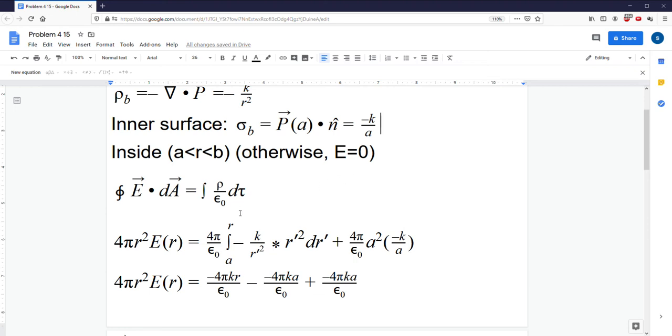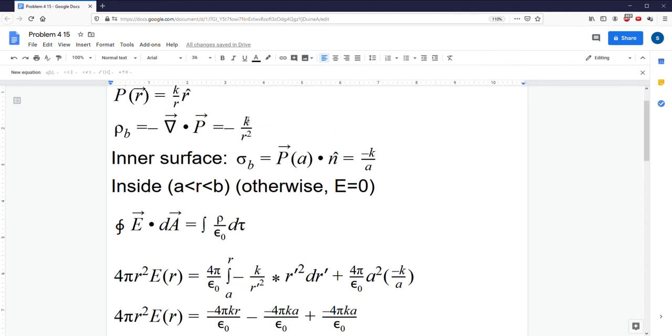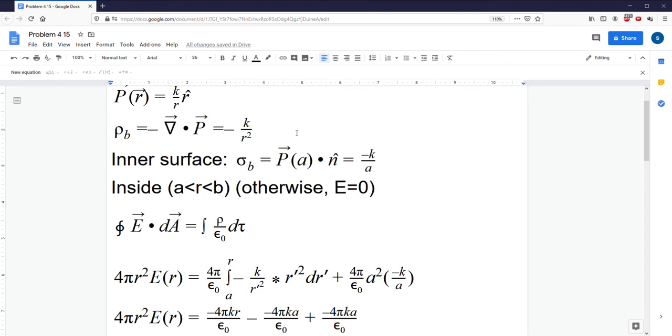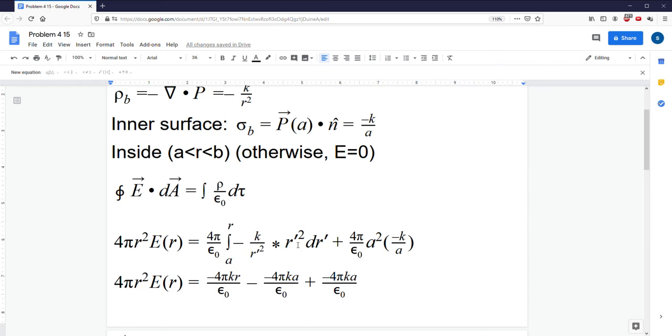I am also going to say that, because of the spherical symmetry, this volume integral can become a linear integral if we pull out a 4 pi to represent the angle integral, and we leave in an r squared pre-integration. So this becomes 4 pi over epsilon naught times the integral from A to r, from the inner surface to our location of interest, of negative k over r prime squared, that's the bound charge density, times r prime squared, that's from the volume integral of a sphere, dr prime.